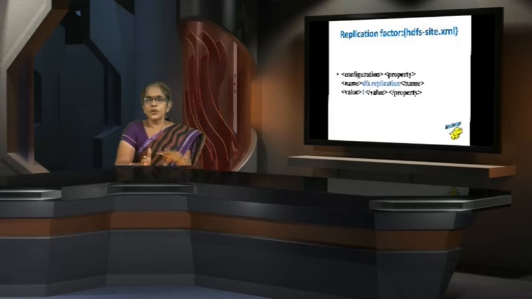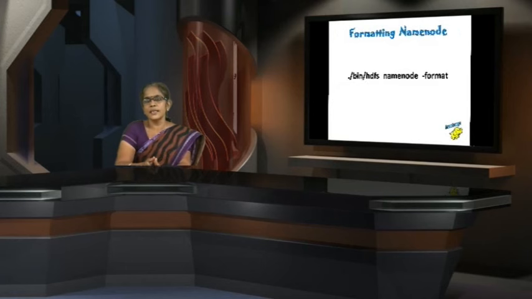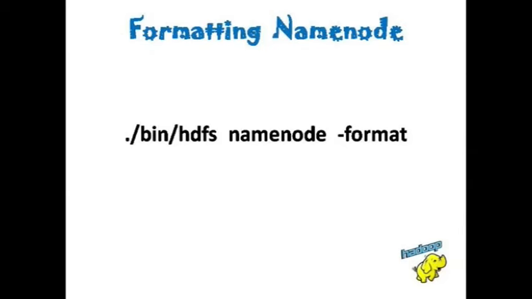Now the environment is set up, and configuration files are set up. Now the duty is that the name node must be formatted so that the data node is ready to store the data, and the name node is ready to have all the details of the metadata. How to format? For that, there is a command. You keep your place in the home folder. In the home folder, as I told, lots of important directories are there which are used by the Hadoop framework.